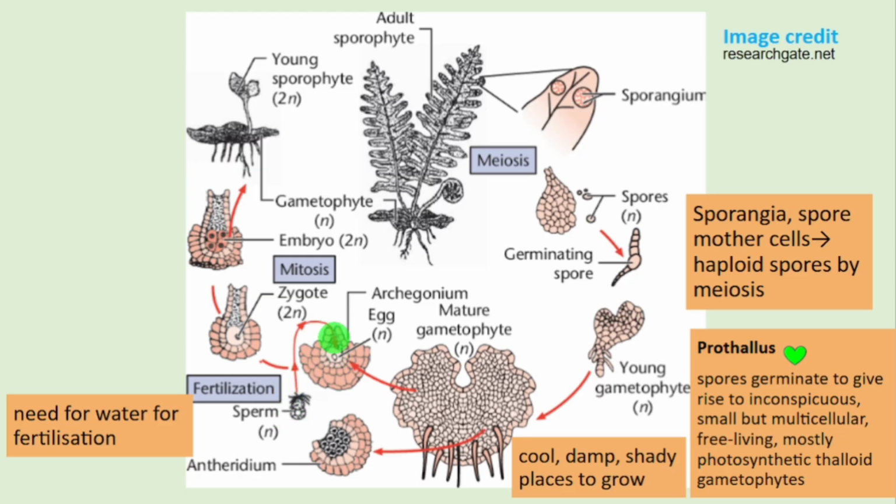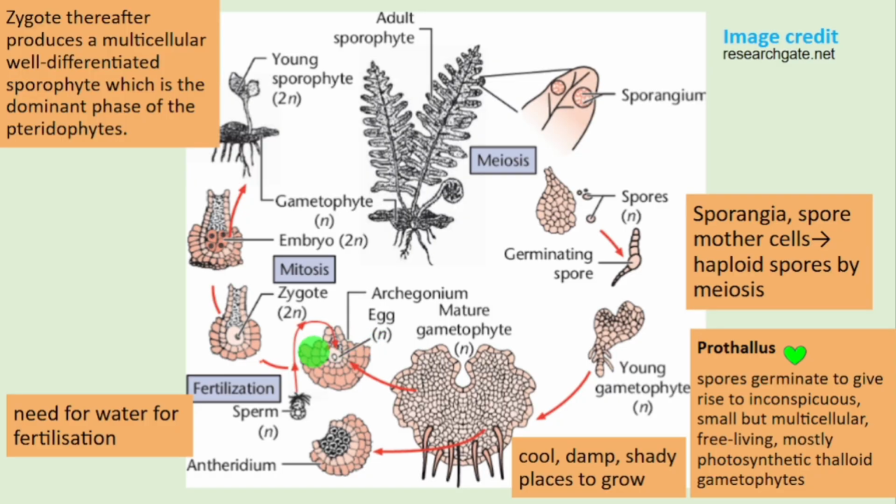So it will reach the mouth of archegonia and then it will fertilize egg. So after zygote formation, this zygote will produce a multicellular, well-differentiated sporophyte, which is the dominant phase of pteridophyte. Sporophyte is dominant, okay? So on the lower side of sporophylls, you will find the sporangium. And then again the cycle continues, okay?